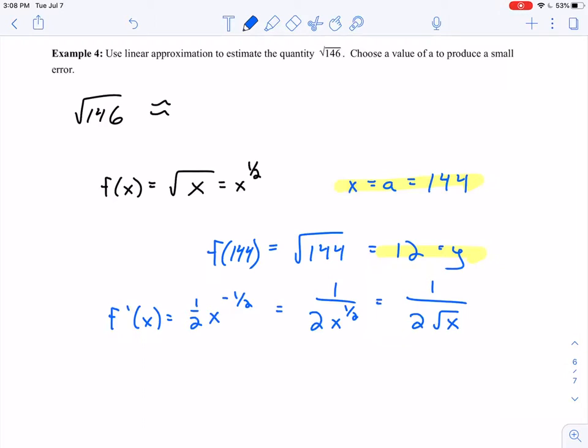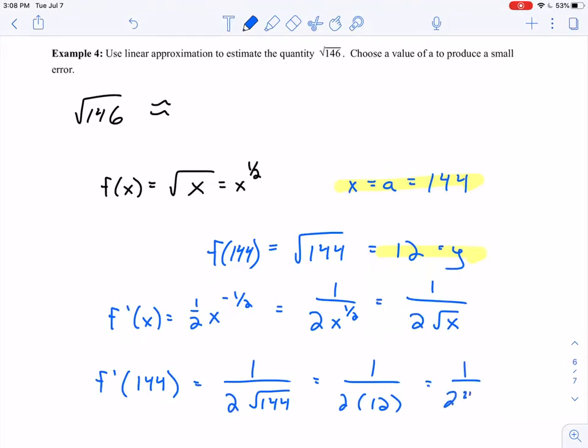I'm going to take my a value of 144 and plug that into my derivative. So f prime of 144 is equal to 1 over 2 radical 144. This is 1 over 2 times 12, which is 1 over 24. This is my slope.